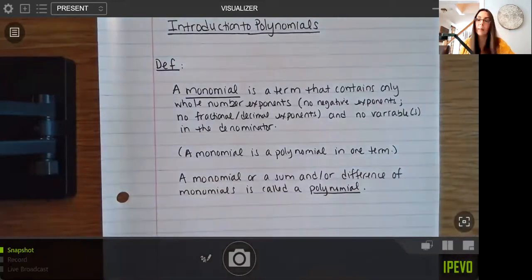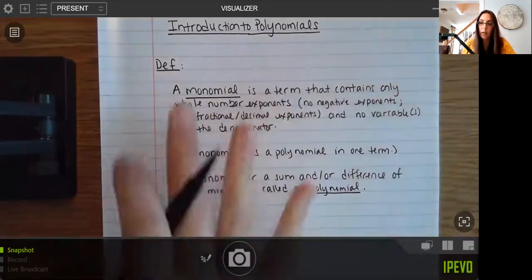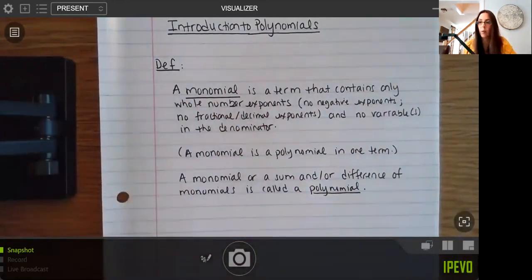So poly typically means many. Now, obviously, it could also be just a single term, but typically with polynomials, we tend to see many terms here. So basically, it's just the adding and subtracting of terms, and those terms can have exponents on them that are whole numbers.